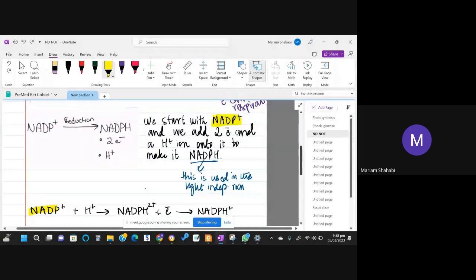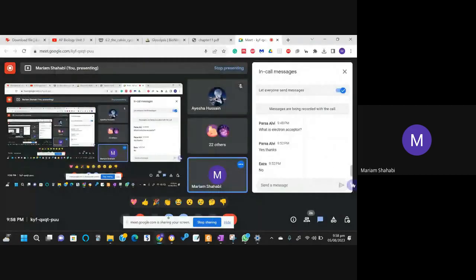ठीक है, if you know your chemistry, redox reactions वाला जो principle है, can you tell me कि NADP plus इस वक्त oxidized form में है या reduced form में है? To begin with, do we have the version of the compound that is oxidized or reduced? Oxidized.